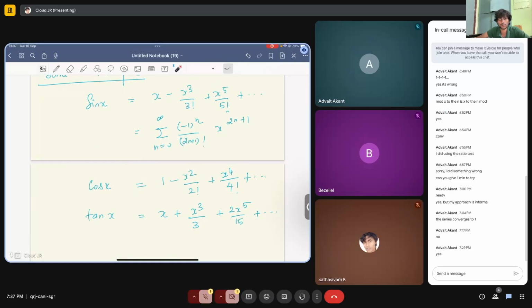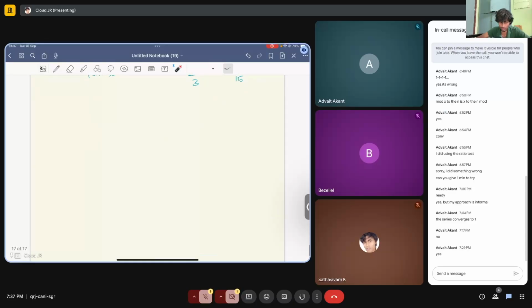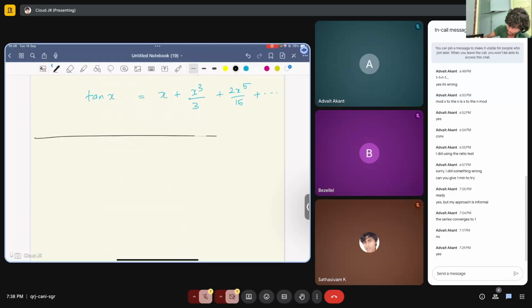So now let's move on to one problem, at least a few problems. Let's see if it's possible. So let's do a few problems. The first one is, let's say we compute the limit as x tends to 0 of sine x by x. Okay, we know this is 1, but let's apply the Taylor series and compute.